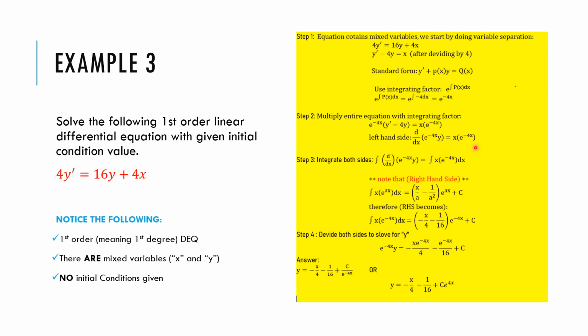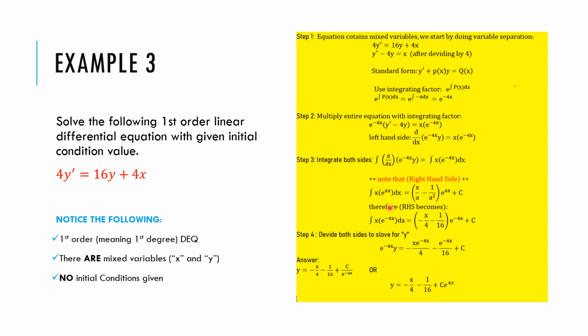And now if I integrate that, notice that in this equation I have the integral of d over dx of e raised to negative 4x times y equals the integral of x multiplied by e to the minus 4x dx. Since I'm taking the integral of the left-hand side, that's what I'm doing here.